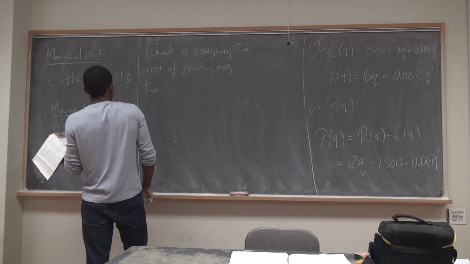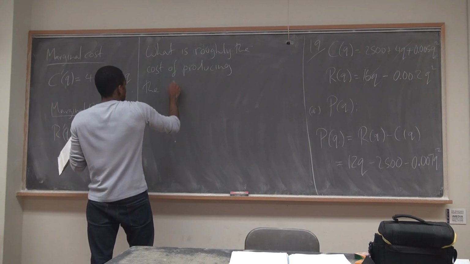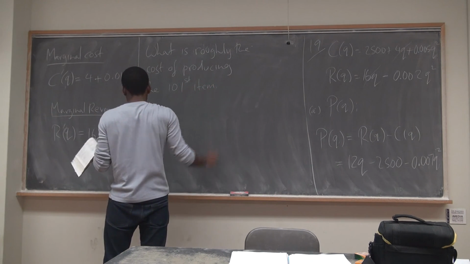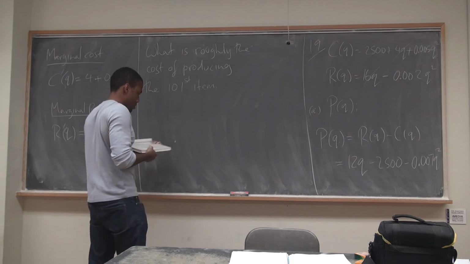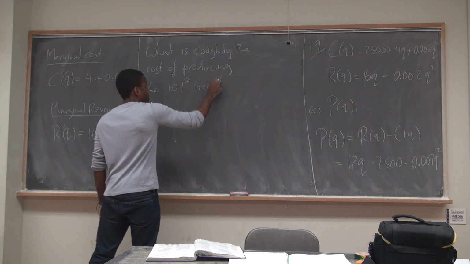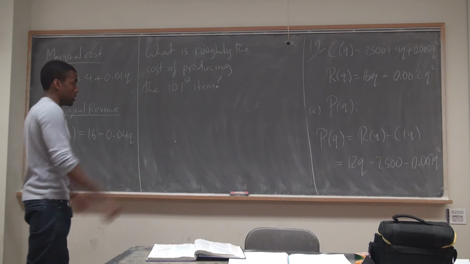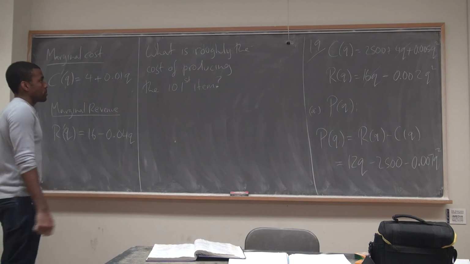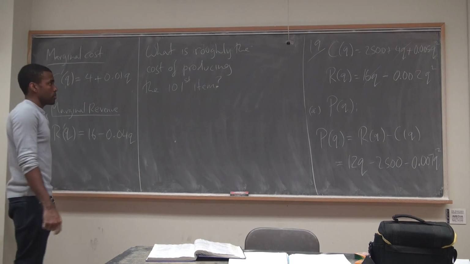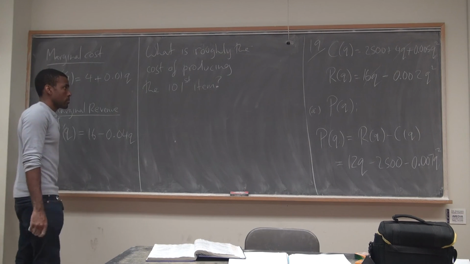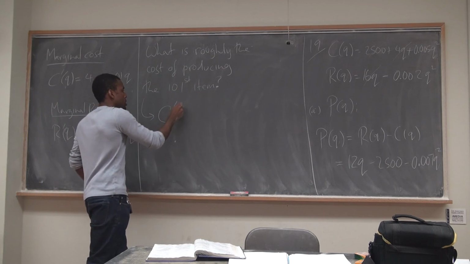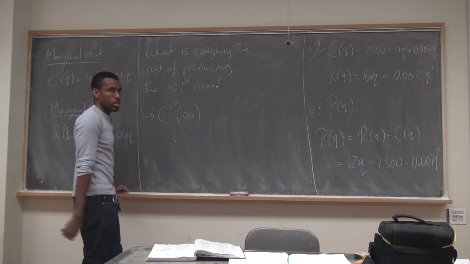So let's say the 101st. Well, what is it? That's just the marginal cost at 100, basically.